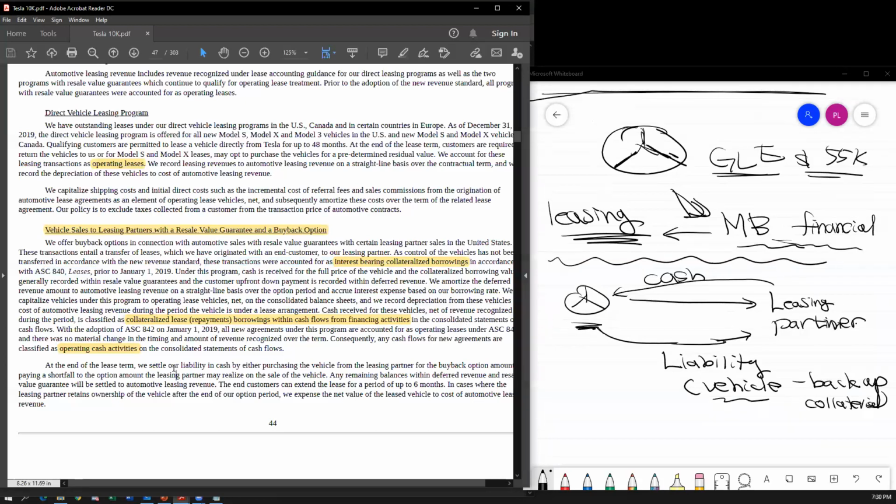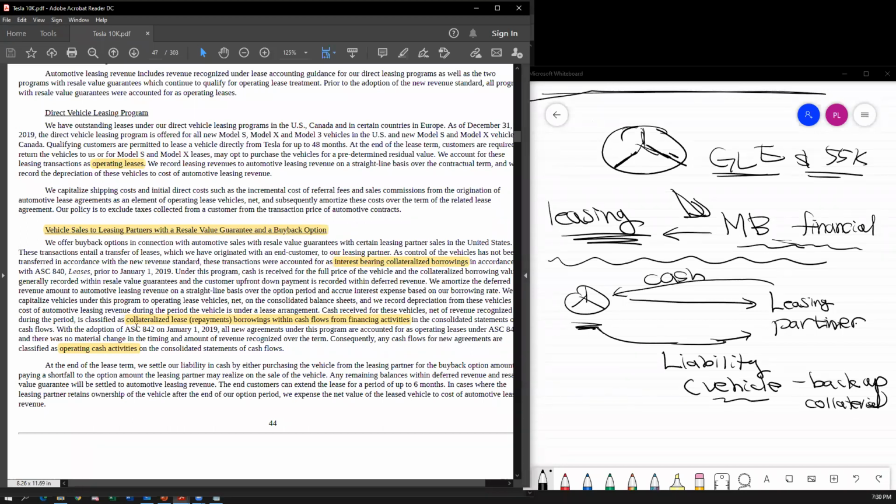Okay, so again, what I'm trying to say here is that depending on how you interpret the accounting principle, the journal entry that you're reporting may look very different, okay?